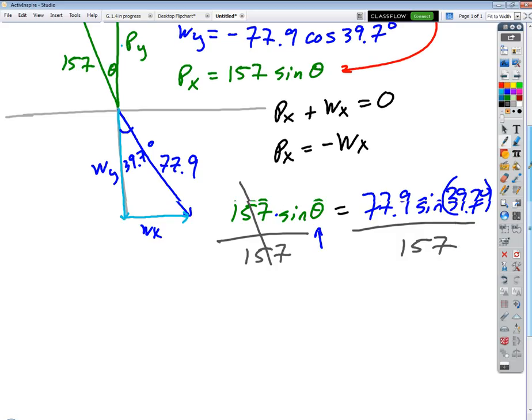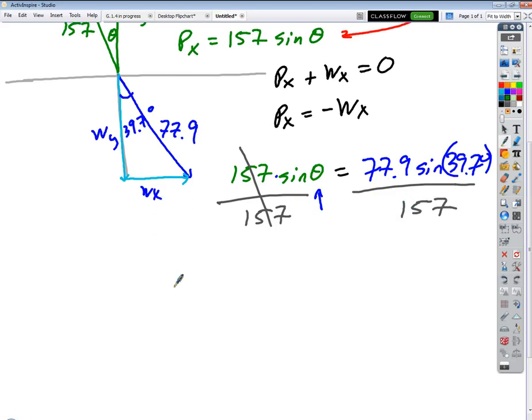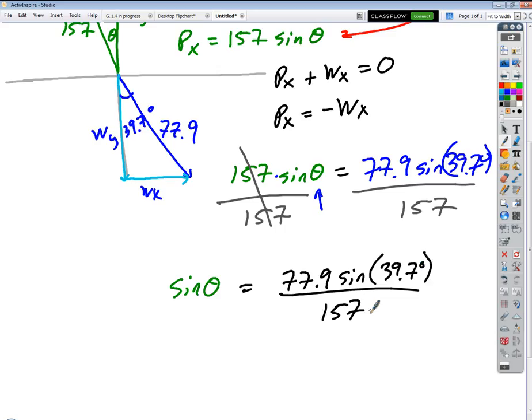We're left with sine theta equals 77.9 sine 39.7 degrees divided by 157. It's still just one big calculator number. It might look scary, but it's just a number.